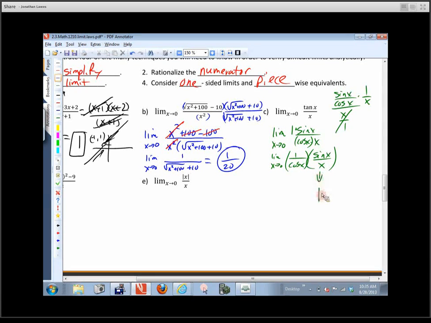This we know its limit is 1, and notice how I've got the arrow, so it's approaching 1. I can't evaluate that by substitution, but I do know what the limit is. Can I evaluate this one by substitution? Yeah, I can. What's the cosine of 0? 1. So 1 over 1 is 1. So my limit is 1.